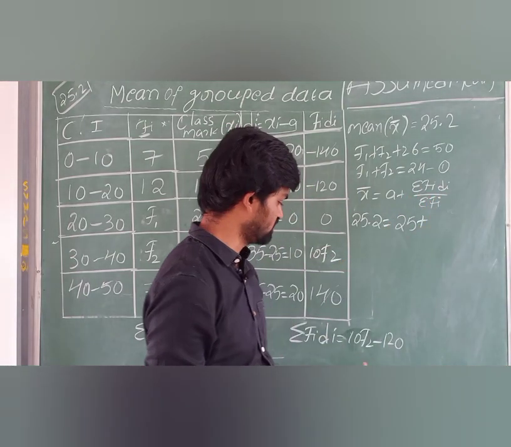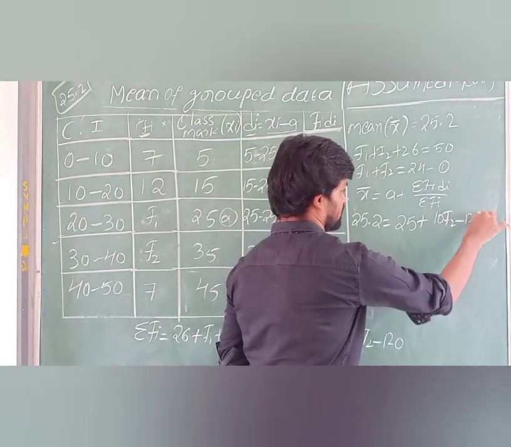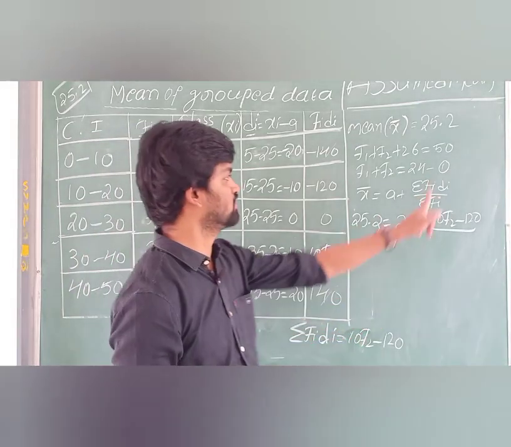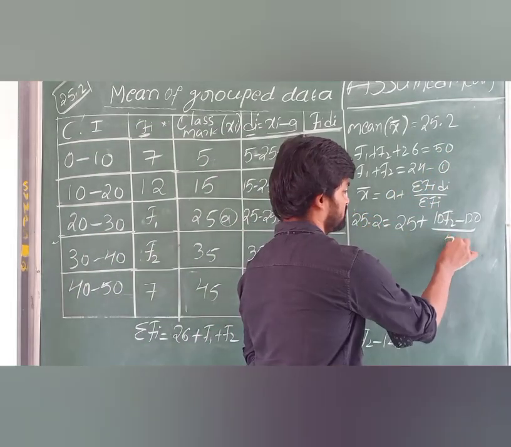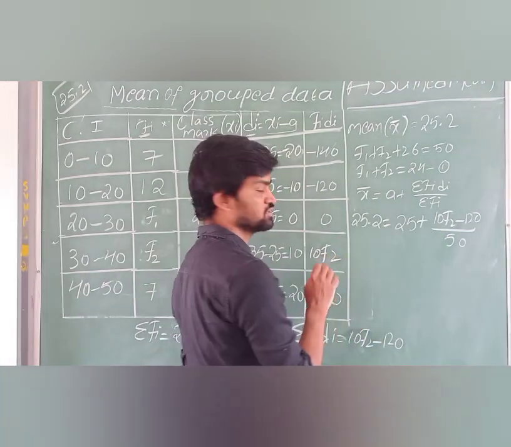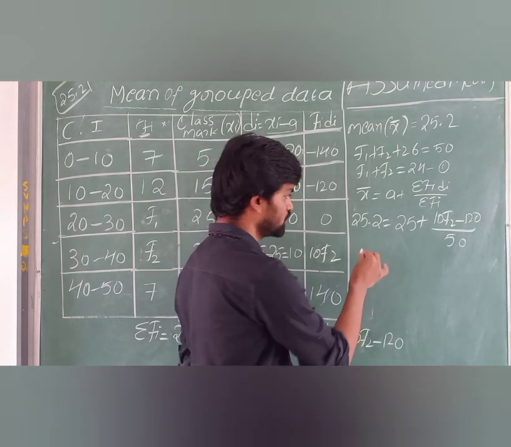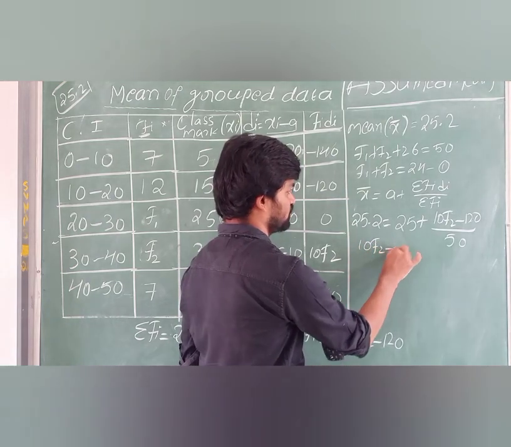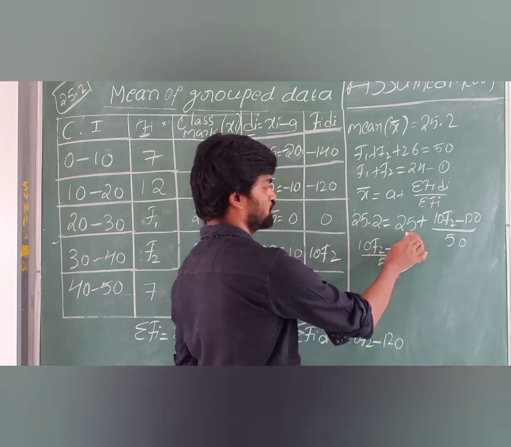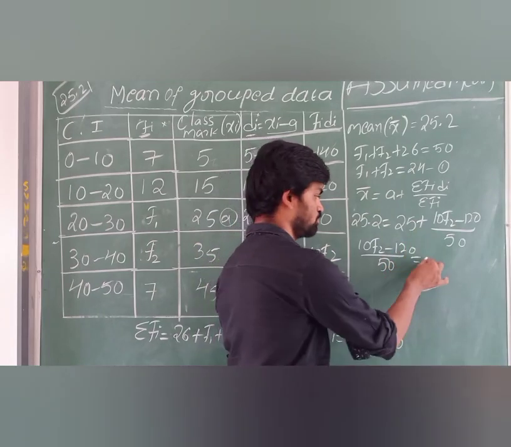Plus sigma fi di value is 10f2 minus 120, divided by sigma fi, the value we got, 50. Now just send 25 to this side. 25.2 minus 25 is 0.2. So 10f2 minus 120 divided by 50 is equal to 0.2.